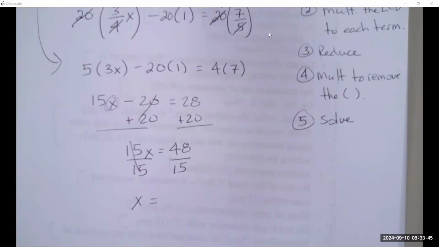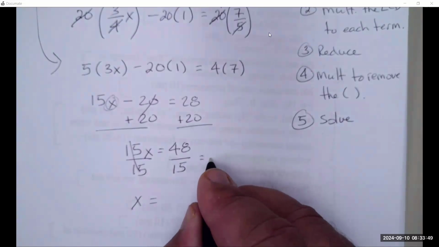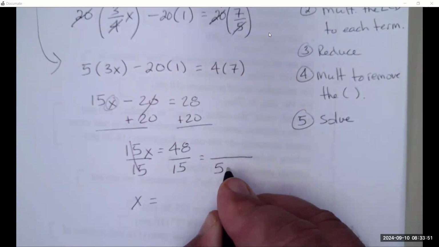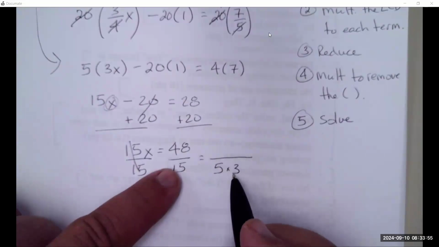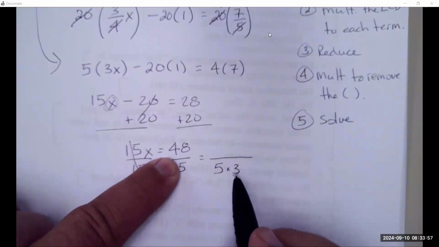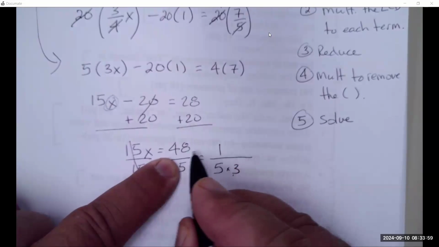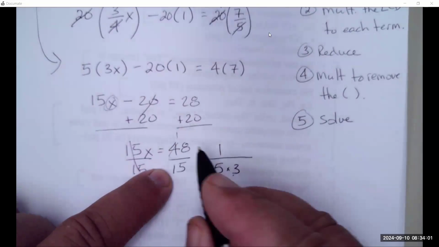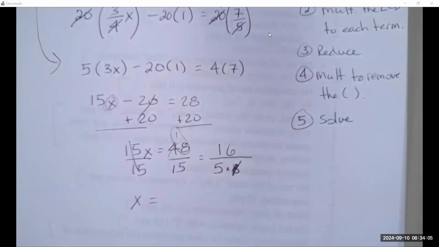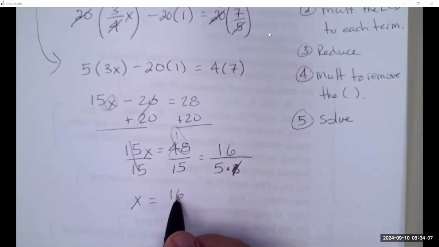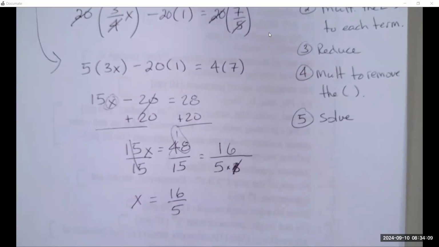Do they have anything in common? 15 is made up of 5 times 3. Does 3 go into 48? 3 goes into 4 once with 1 left over. 3 goes into 18 6 times. So we have 16 over 5.